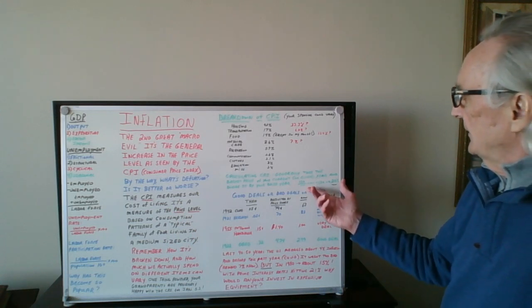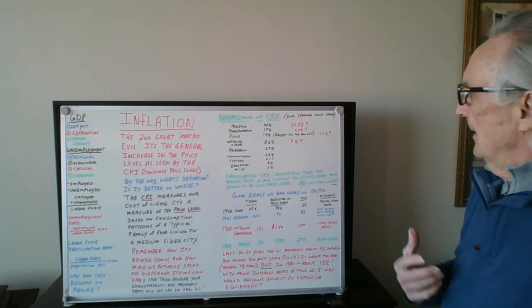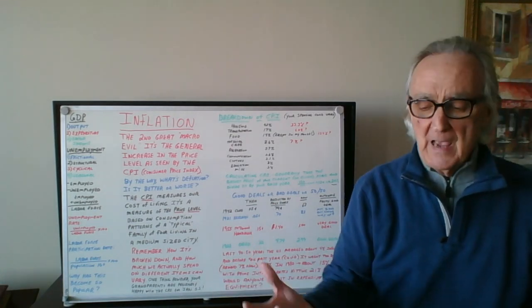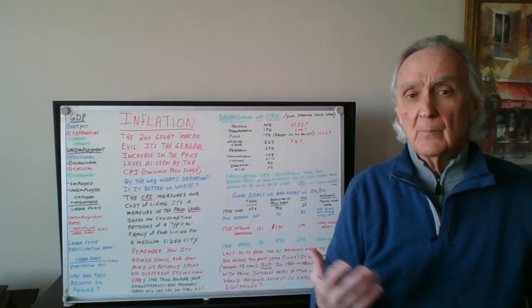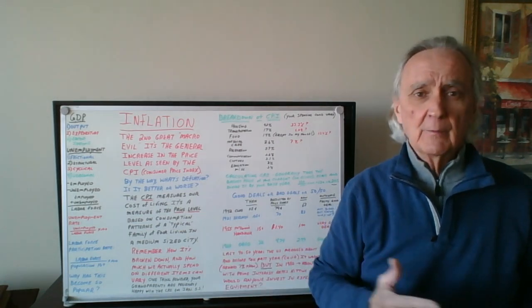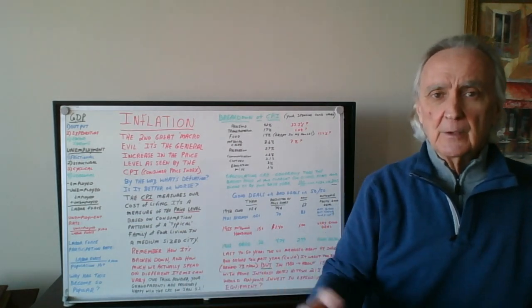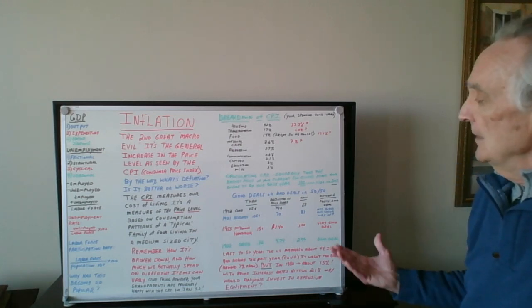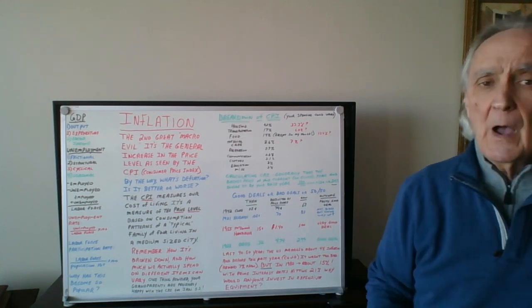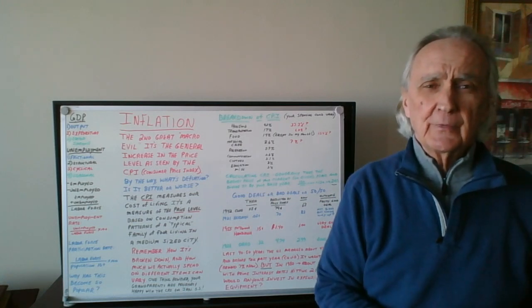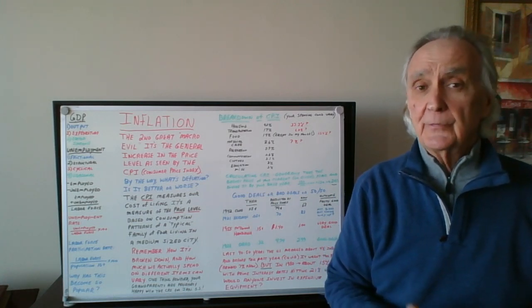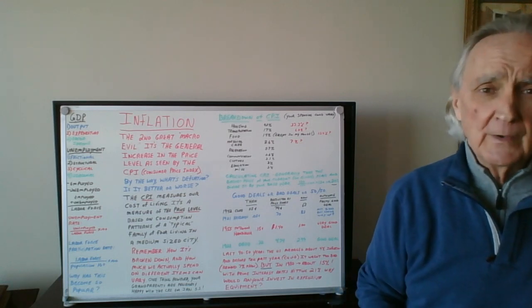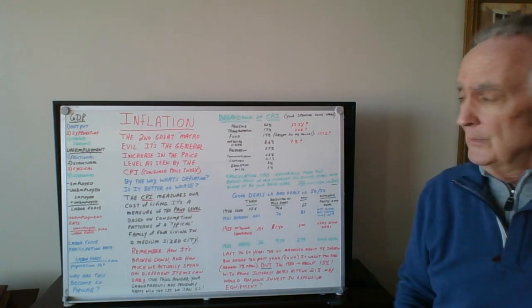If the market basket in the base year was 100 and now it's 120, you can say that in the last however many years it is, the inflation factor is about 20%. So we use it to see how items have changed, whether they are good deals, or just so-so, or not quite as good as they used to be.